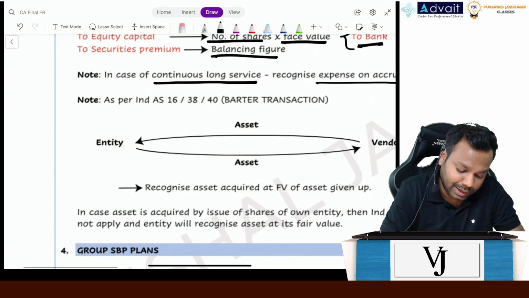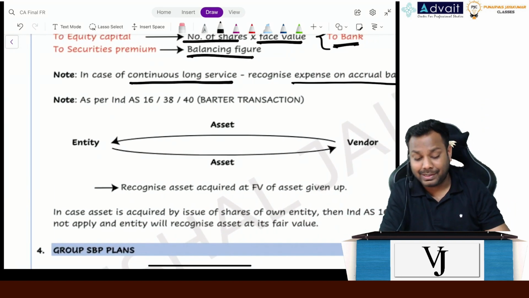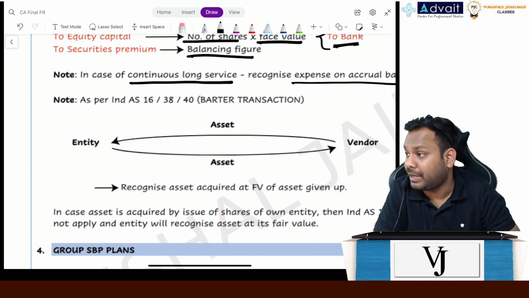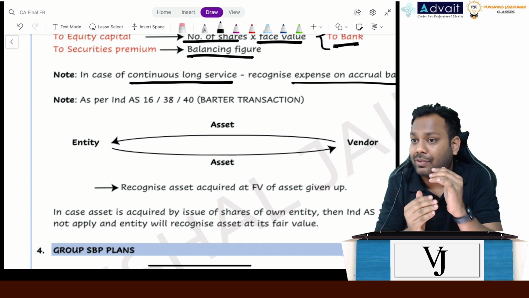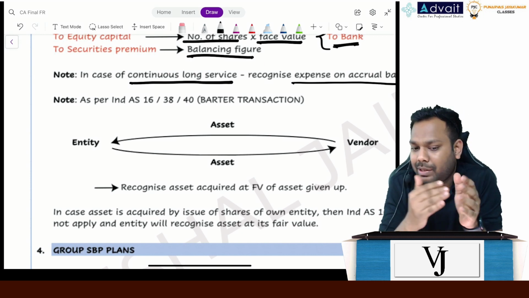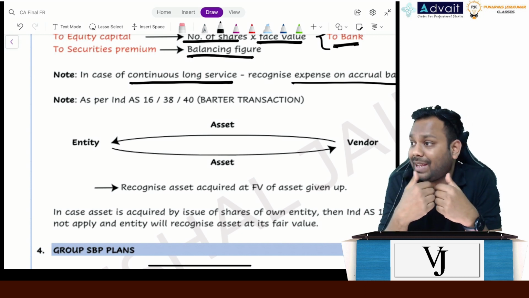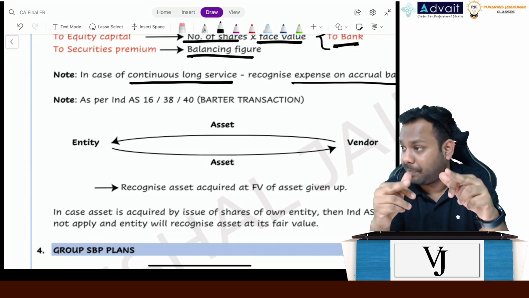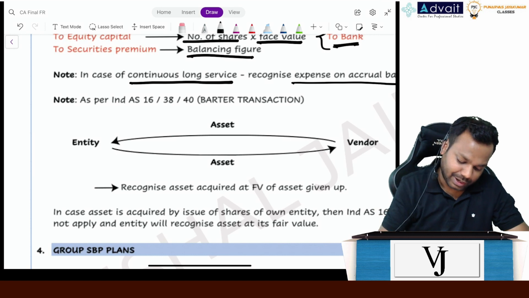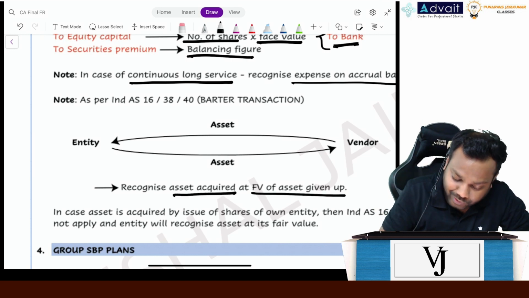Okay. Now, understand, in Ind AS 16, 38 and 40, we studied barter transactions, right? That is exchange of assets. And we know whenever the assets are acquired on exchange, we record the assets at the fair value of the asset given up, right? Recognize assets acquired at fair value of assets given up.